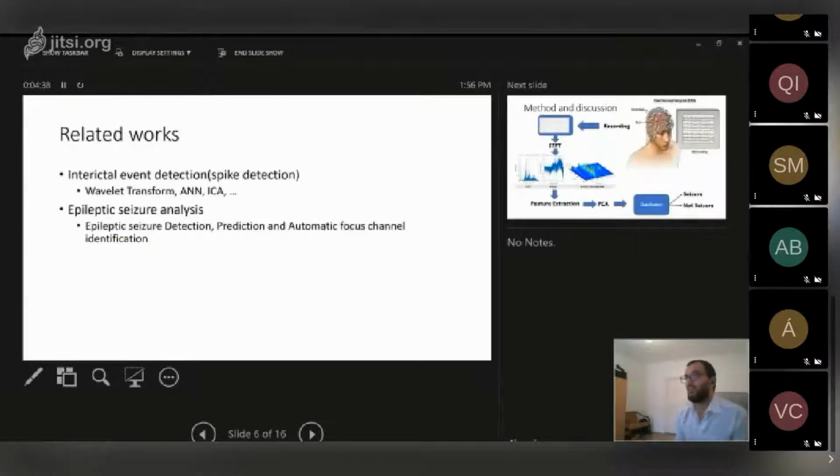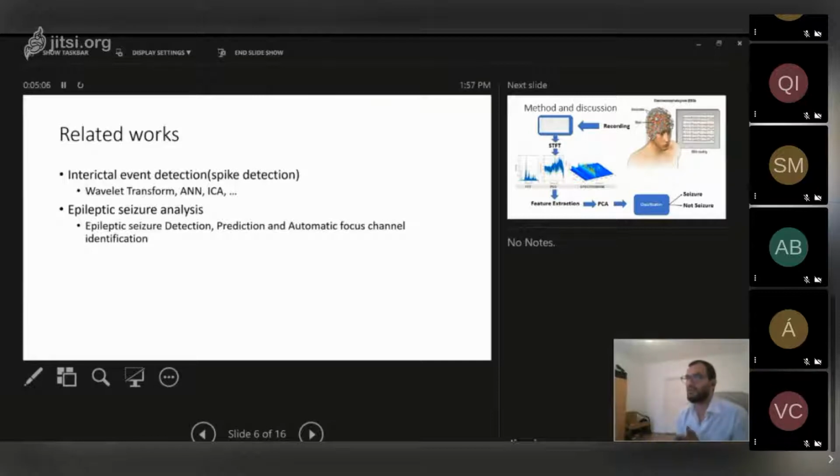The related works decompose into two classes. One is interictal event detection or spike detection, which used wavelet transform on EEG recordings, ANN classifiers, ICA, and so on. Another group was epileptic seizure analysis, which includes detection, prediction, and automatic focus channel identification.